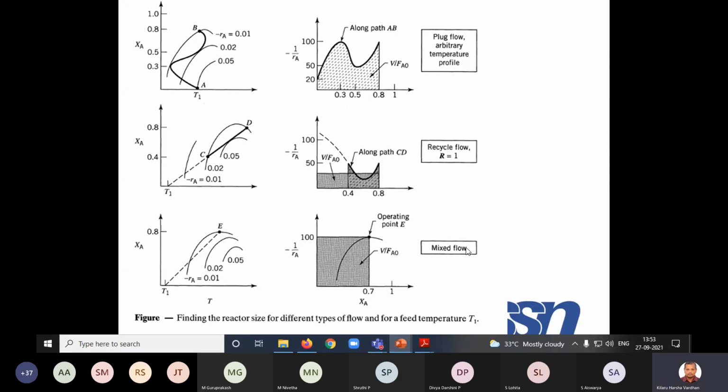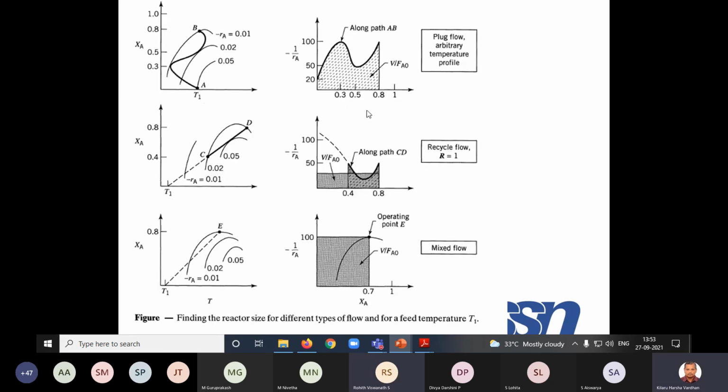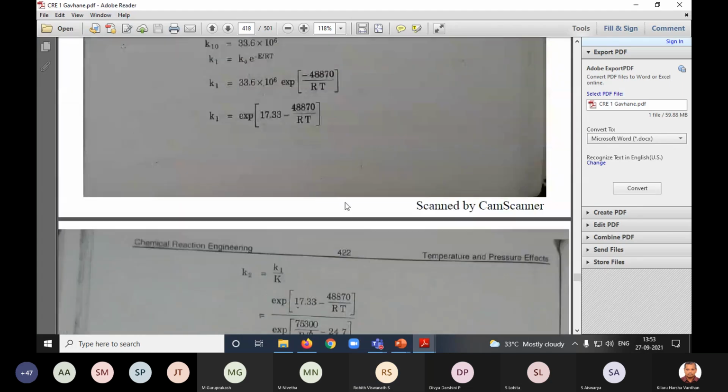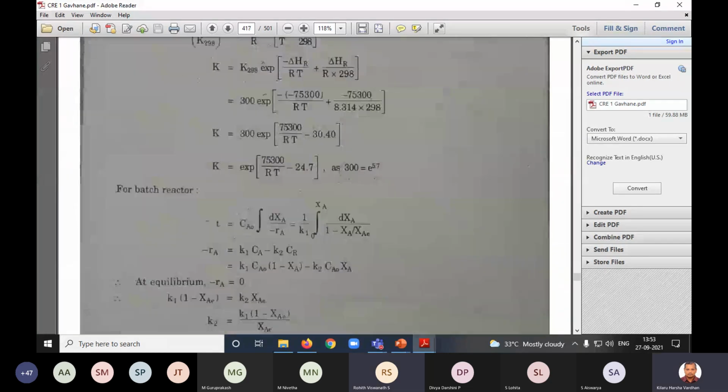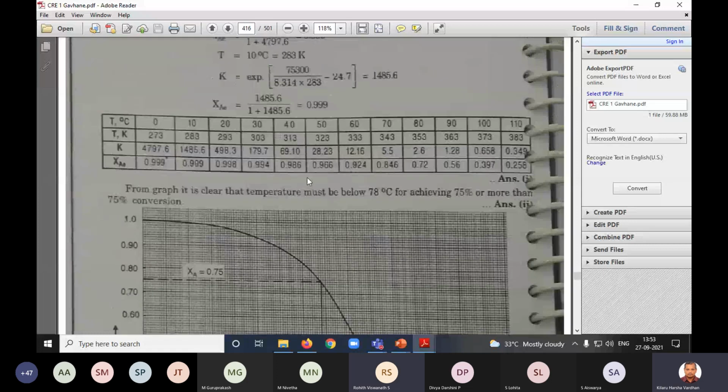Sir, that question, how did they find from the graph the XAE possible 75 they have given? Where is it? Here. They have given the temperature allowed is 78%.